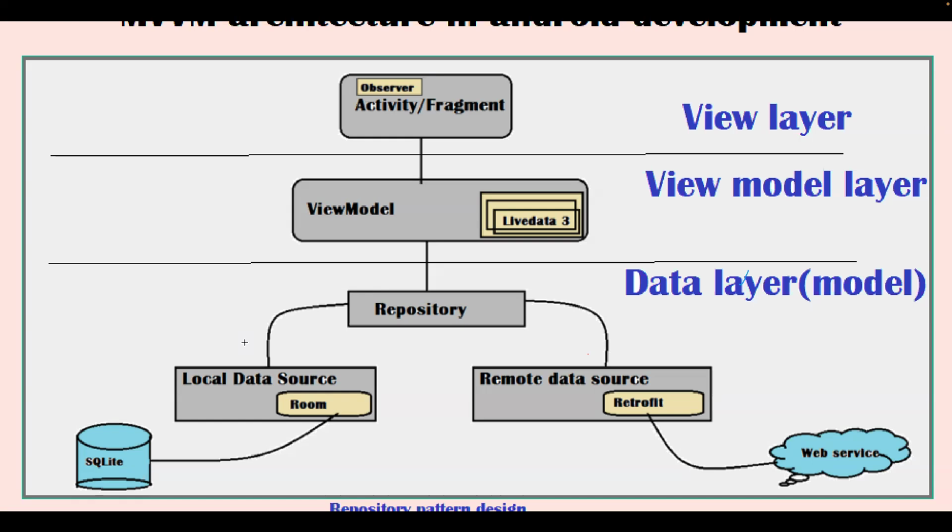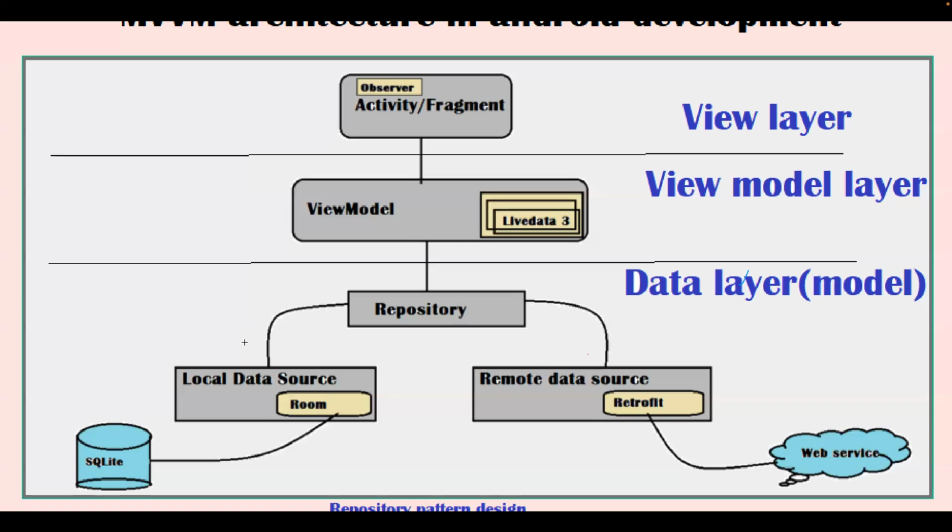The view model does some logic and connects to the repository. The repository decides whether the data is coming from the local database, remote, or Firebase.